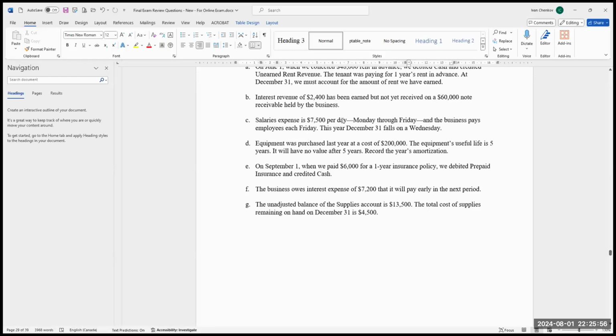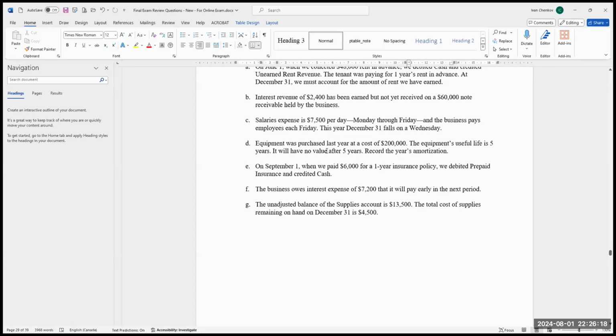Salary expenses: if that's how much you pay per day, Monday to Friday, and the year end falls on Wednesday, how many days do you have? That would be Monday, Tuesday, Wednesday, times 7,500, that will be 22,500. What you have to do is debit salary expenses, credit salaries payable.